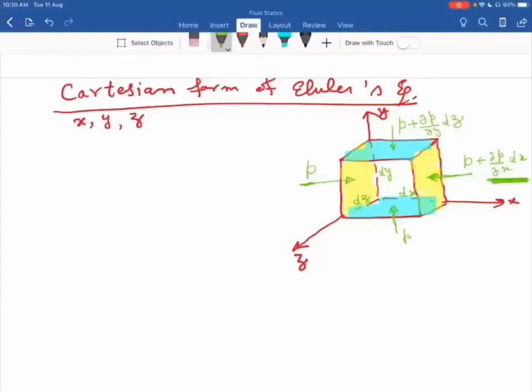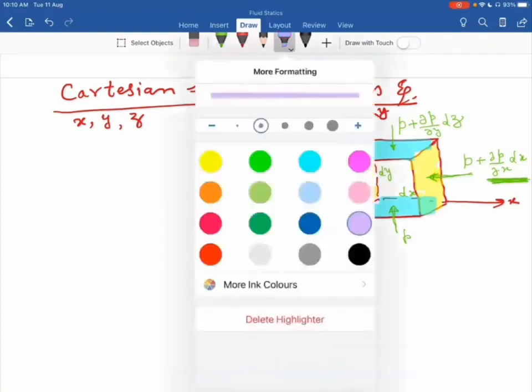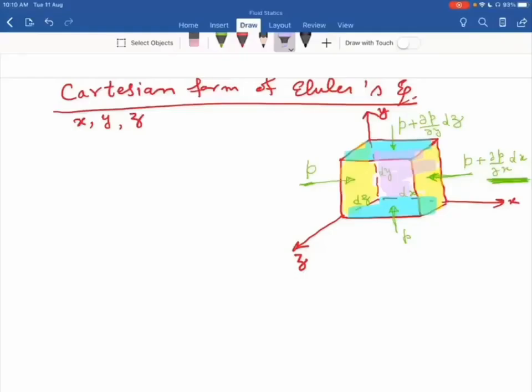Similarly, you can mark along the z-axis pressure intensities. Along the z-axis, you have the back face and the front face. On the back face, I mark it as P. These are the pressure intensities.